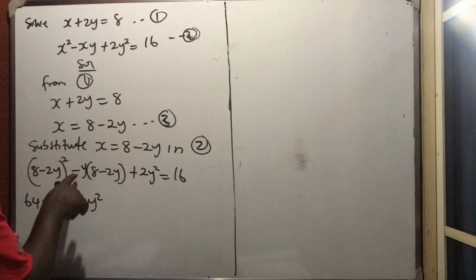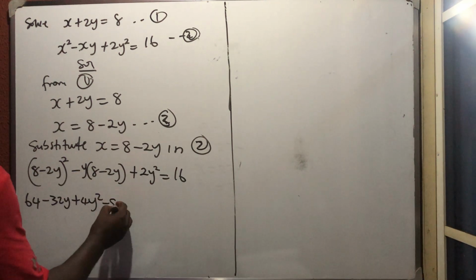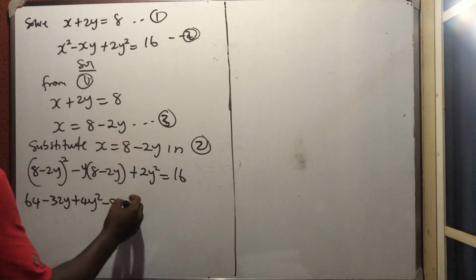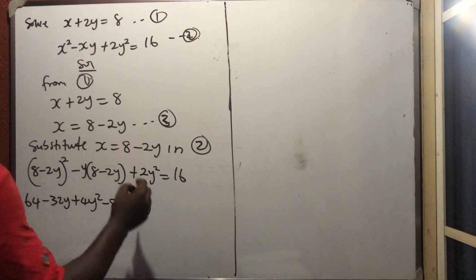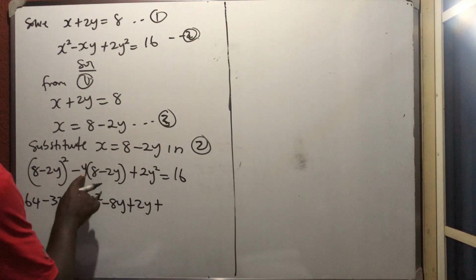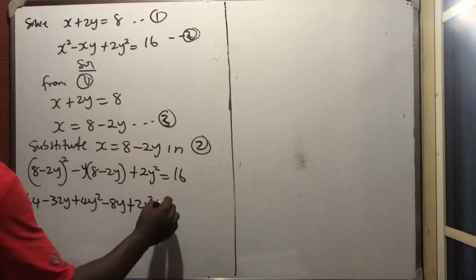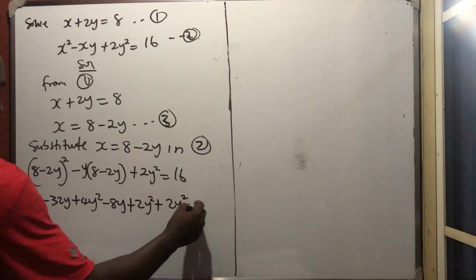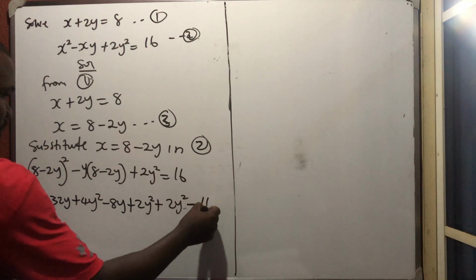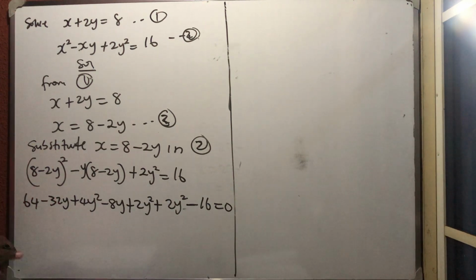So clearing this one, minus y times this, minus 8y, minus y times this plus 2y, then bring down the plus 2y squared, minus 16 is equal to 0, because it's going to give me a quadratic equation. So let us go now.